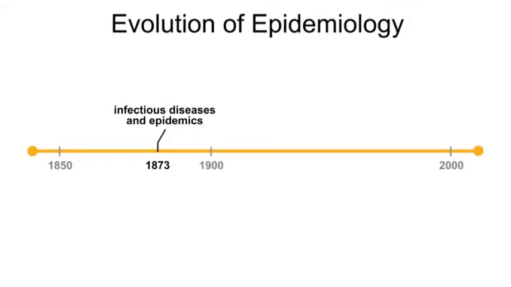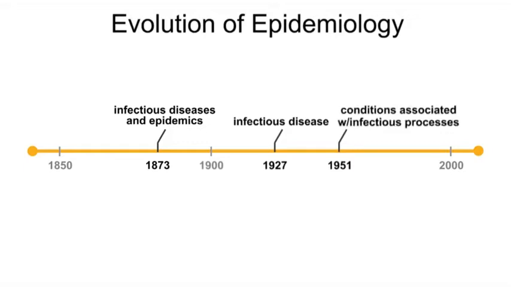The focus was just on infectious diseases and epidemics in the mid-1800s. Epidemiology began to focus on infectious disease overall in the mid-1900s. By the mid-1950s, epidemiology's focus then included not just infectious diseases, but specific conditions associated with them.